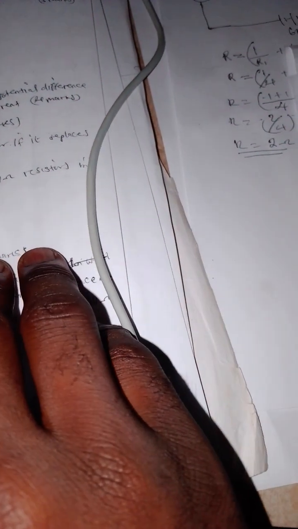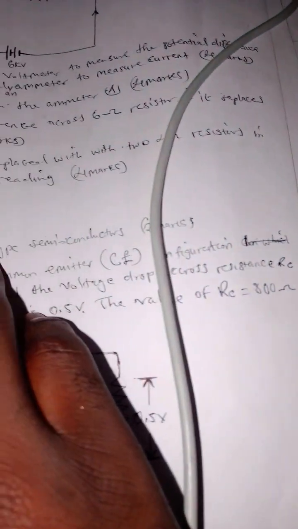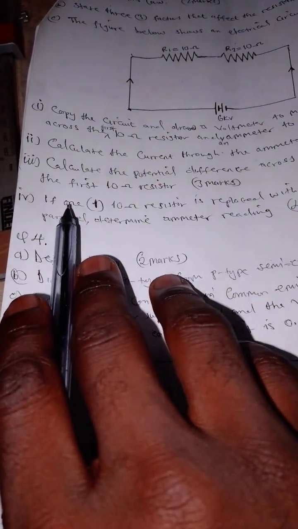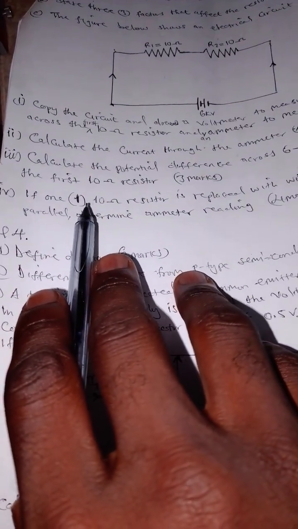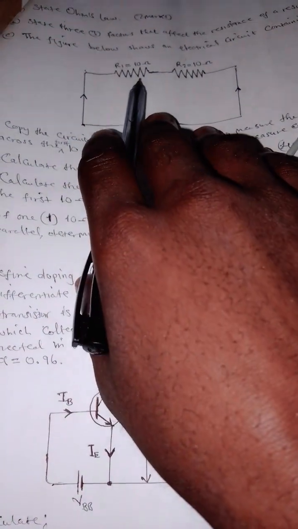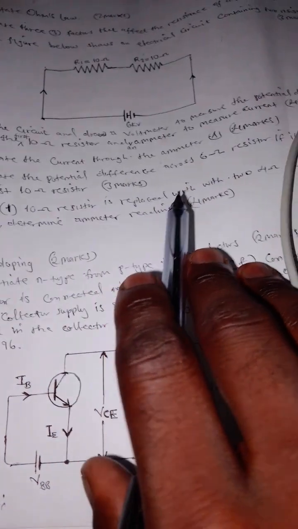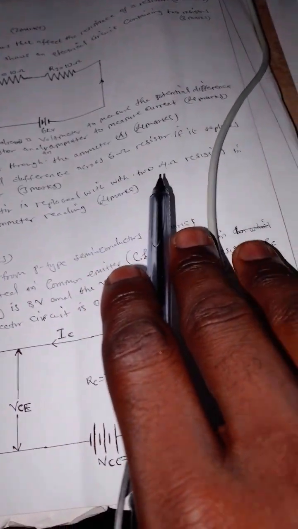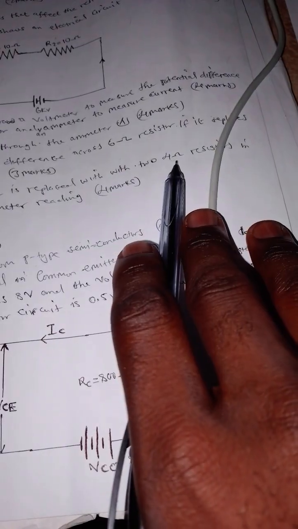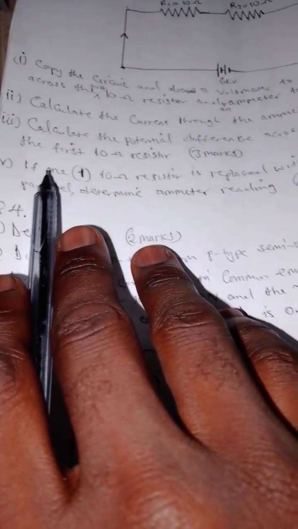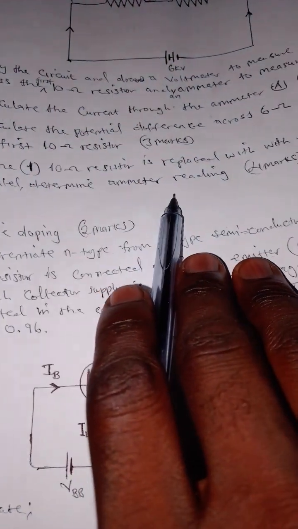The other question is what? If one 10 ohm resistor, which is this one, is replaced with two 4 ohm resistors in parallel, determine the ammeter reading.